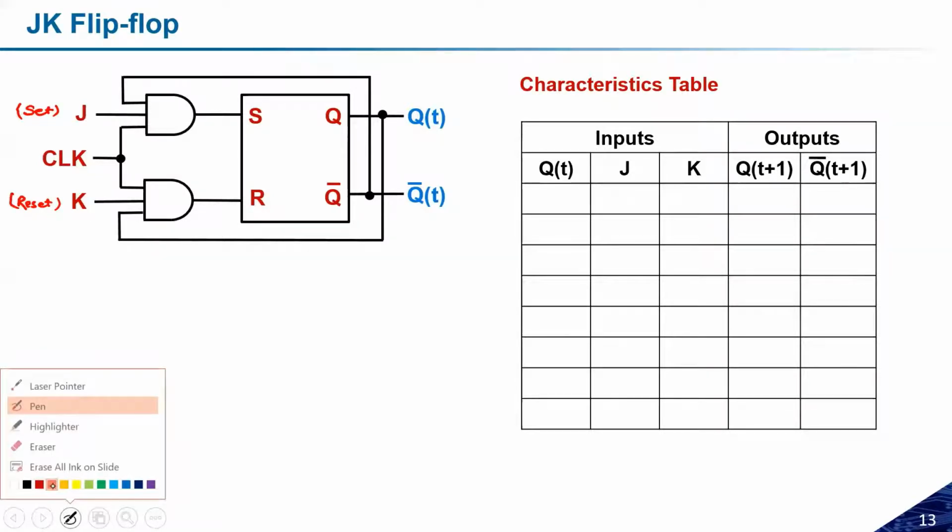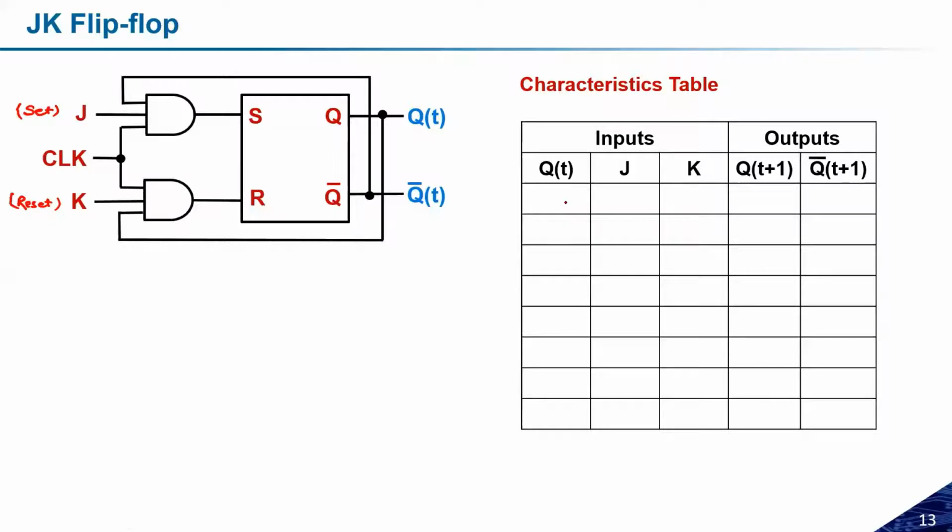Let me write a few things. If you see, at this point we have a J, here we have a clock, and here we have a K bar.